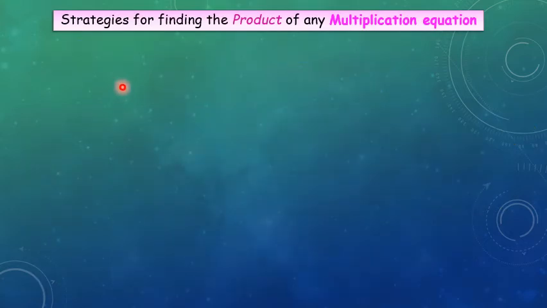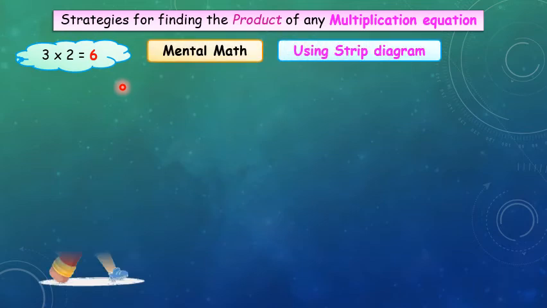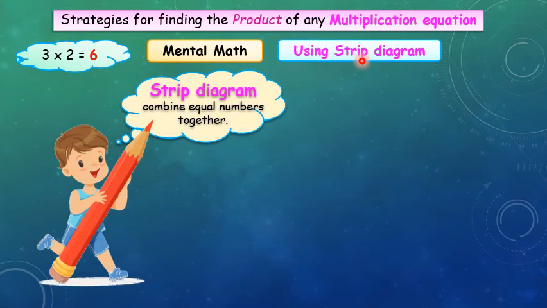Now let's go to the last strategy in mental math strategies, using strip diagram. Strip diagrams mean combining equal numbers together. It means that we use rows in arrays or combining groups in grouping, okay? Like this. To read this multiplication equation, we read that 3 groups, each group has 2 circles.